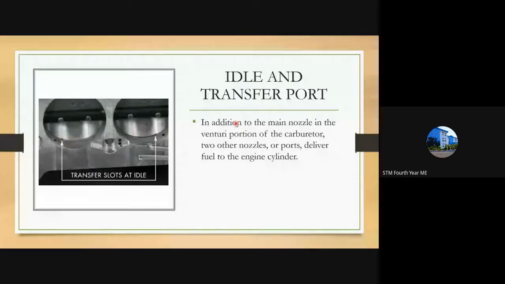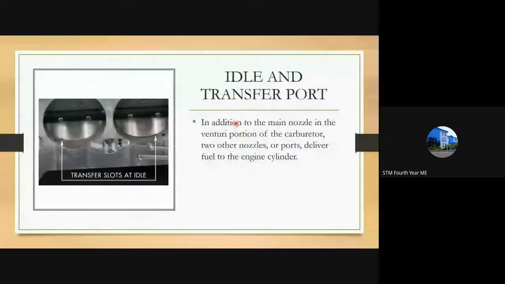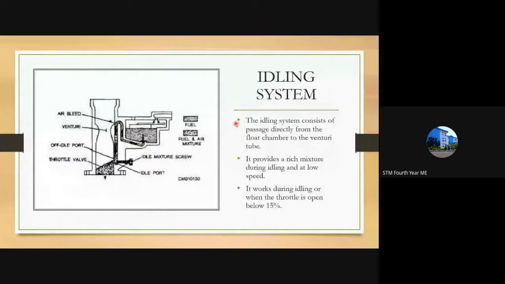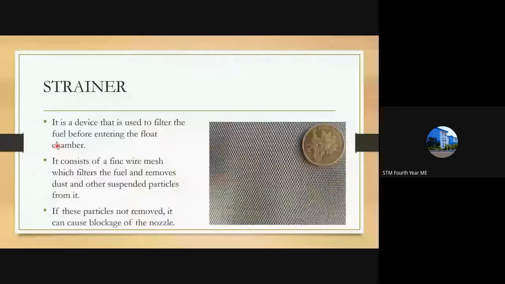Okay. Next is the choke valve. The choke valve is present, and you can see this in the schematic diagram. The choke valve is present on top of the throttle valve. The choke valve comes first, then comes the throttle valve.